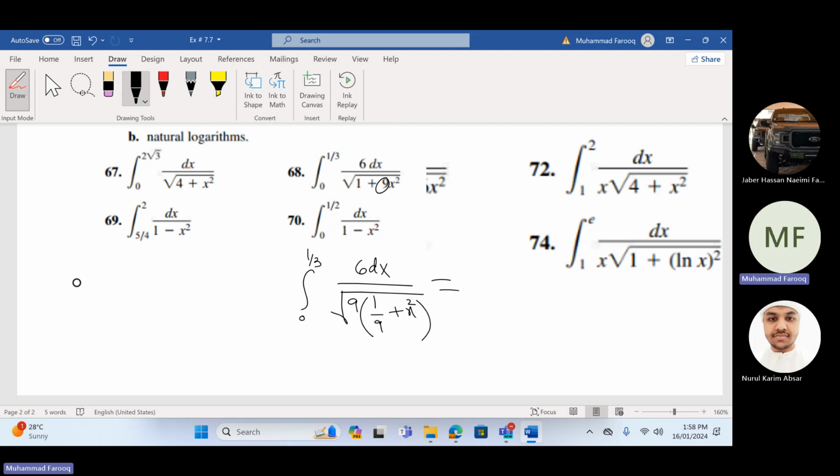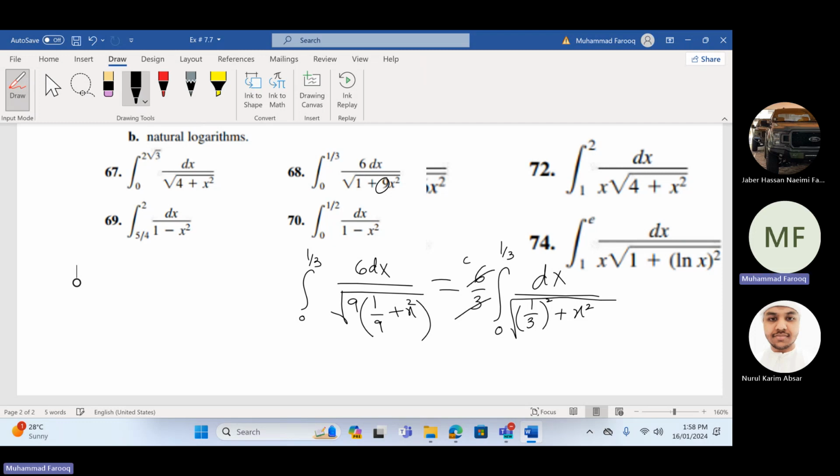We already have 6, so 6 over 3, integral from 0 to 1/3, dx divided by the square root of (1/3) squared plus x squared. Again, this is the inverse hyperbolic sine form: square root of a squared plus u squared.